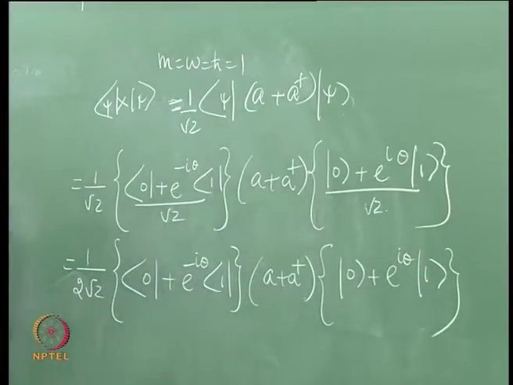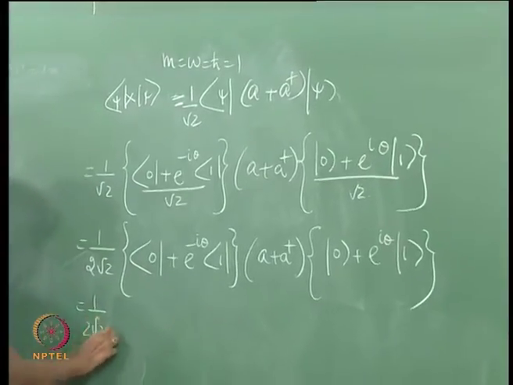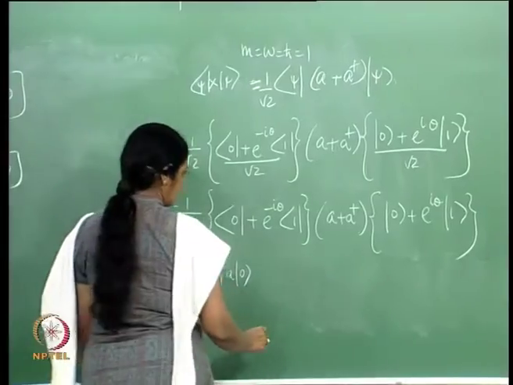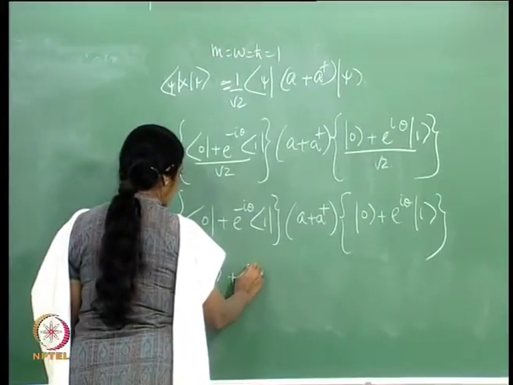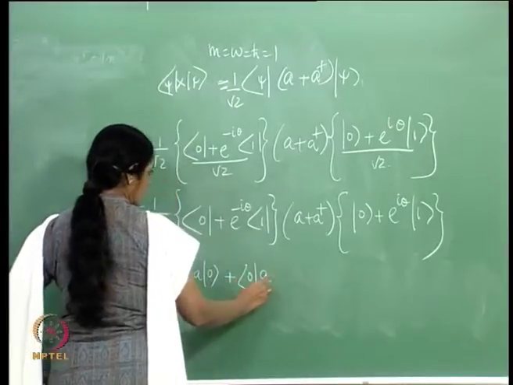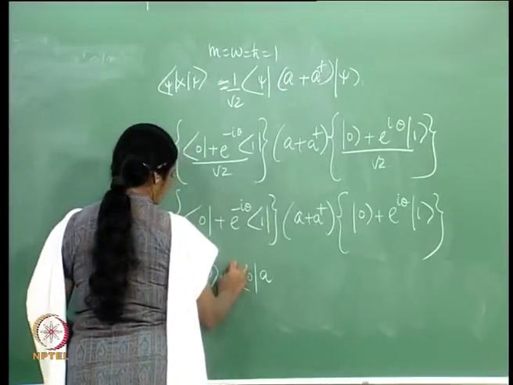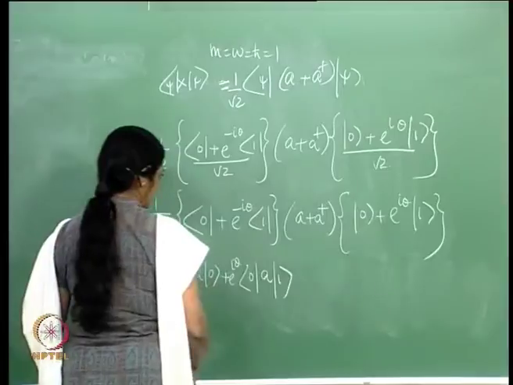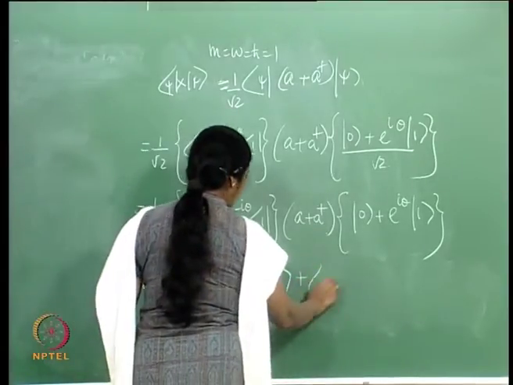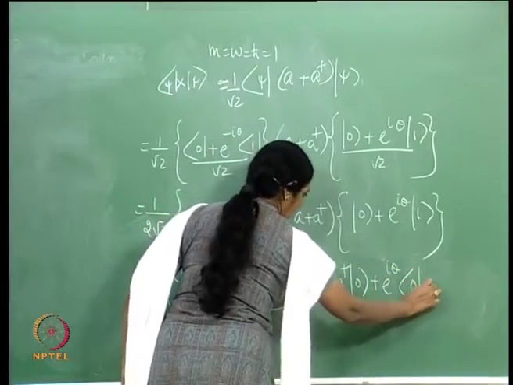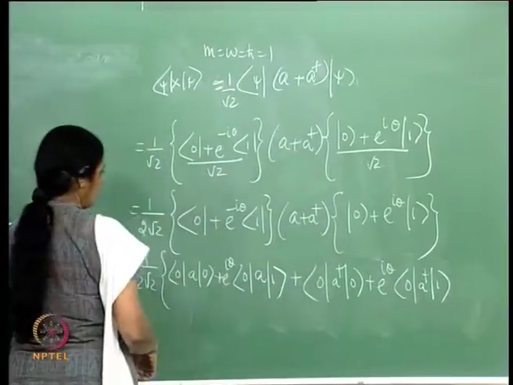So, this is what I have. This involves the following terms. First, I have <0|a|0>, then I have <0|a e to the i theta|1>, that is what I have worked with first. Then I have <0|a dagger|0> plus e to the i theta <0|a dagger|1>.